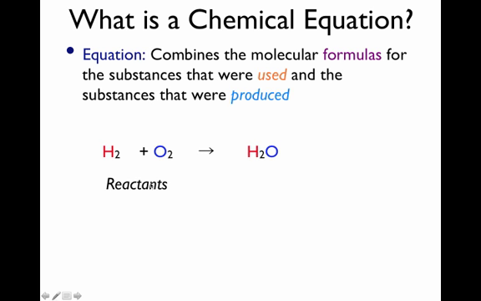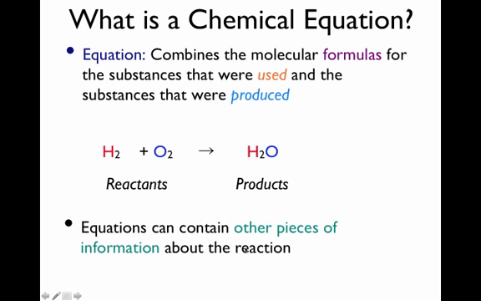First thing I want you to know is that the materials that you start with are formally called reactants. If it helps, these are the materials that react with each other. But the formal name for these substances is reactants. The materials that you ended up with are formally called the products because they are the materials that were produced. So that's where that name comes from.